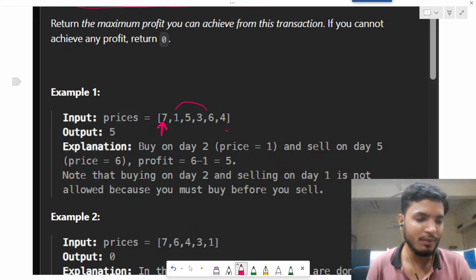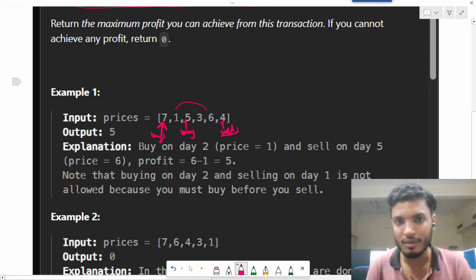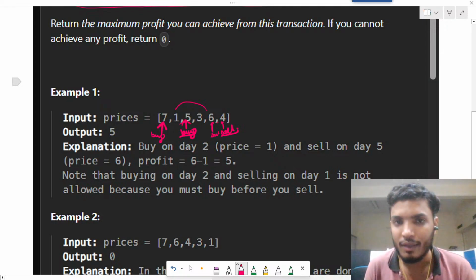If I am buying at 7 and selling at any point, I am just making a loss, so I will not make any profit. If you buy at 5, where should you sell it? If you sell at 6, you will make a profit of 1. Otherwise, you will not make a profit.